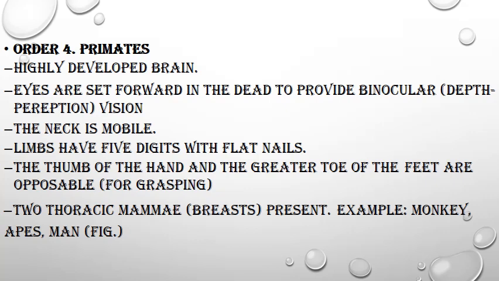The neck is mobile, limbs have 5 digits with flat nails. The thumb of the hand and the great toe of the feet are opposable, grasping. Thoracic mammae, breast present. Example, monkey, apes, man, you can see the figure.